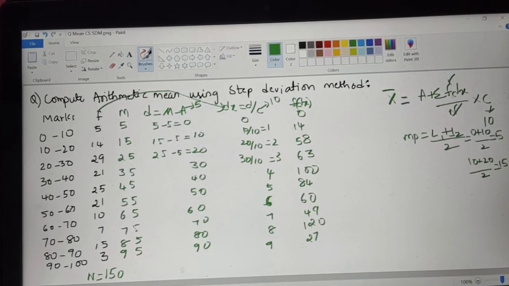Now we need the total of the column, sigma fdx.